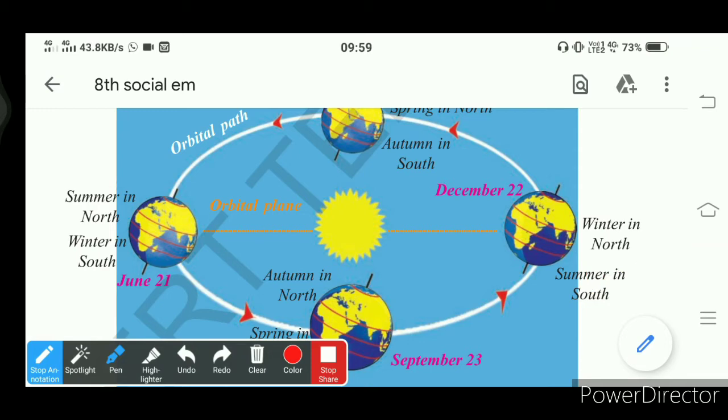And when it is summer in the southern hemisphere, then it is winter in the northern hemisphere, right?